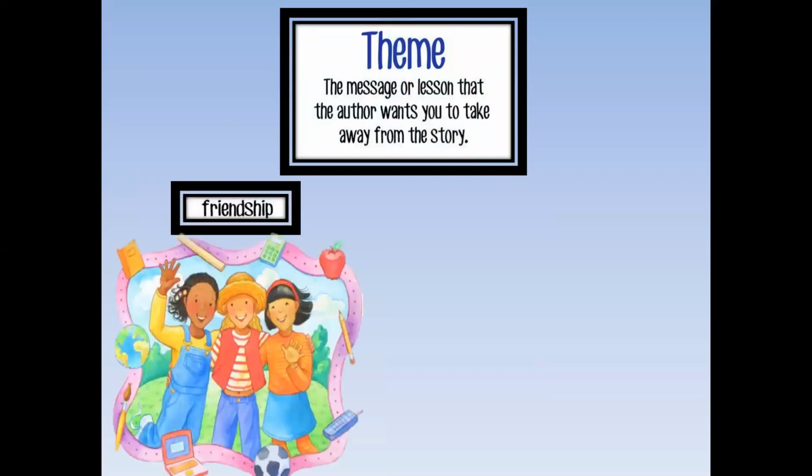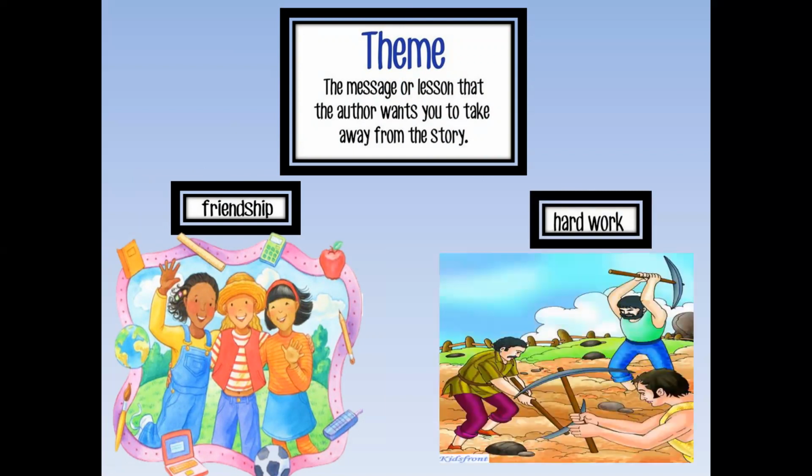What else? Friendship. Look at this picture. We can get from this picture the friendship theme. So the theme in this picture is friendship. The last one is hard work. Look at this picture. Okay, so from this picture the message that we can get or the lesson that we can get is hard work.